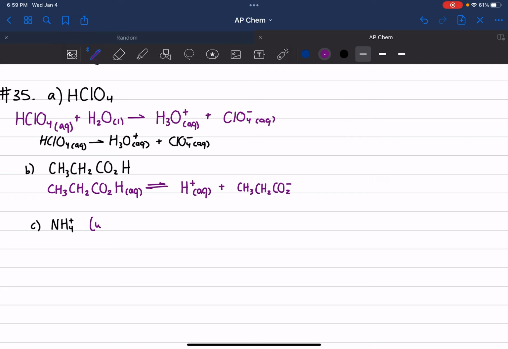I'm going to put weak here. I sort of memorized this. Eventually it'll click, but once again I'm not going to write the water. So NH4 plus, aqueous, forward and backwards. We have our acidic proton, and we know that we're going to have an NH3.